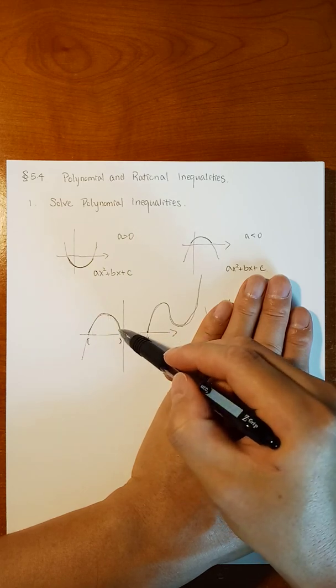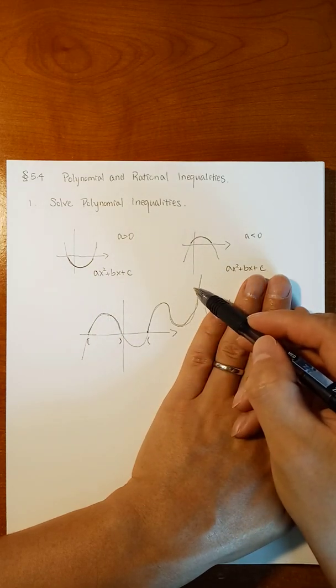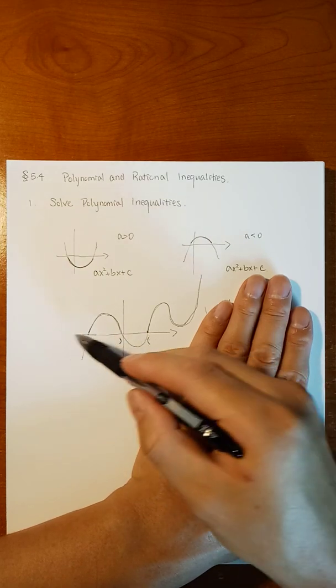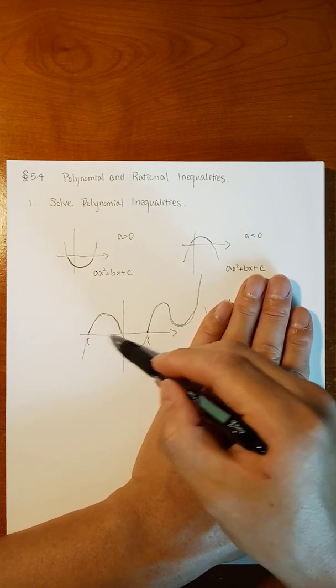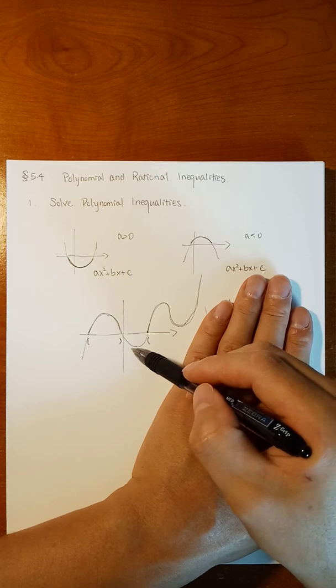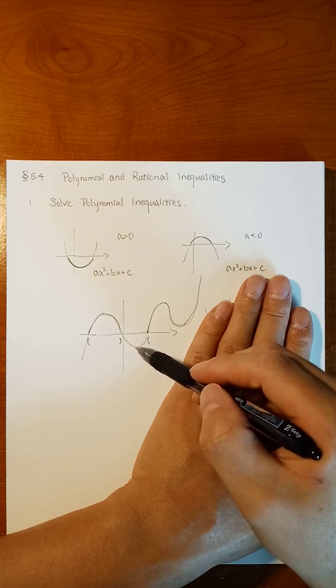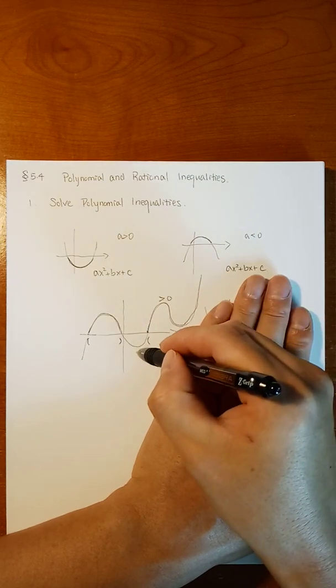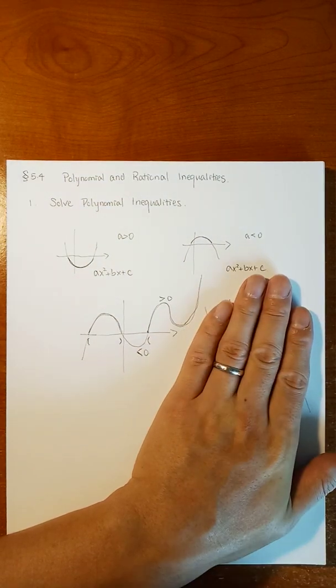So above the x-axis, polynomial inequality greater than 0. Graph below the x-axis corresponds to the polynomial inequality less than 0. So this part greater than 0, this part less than 0.